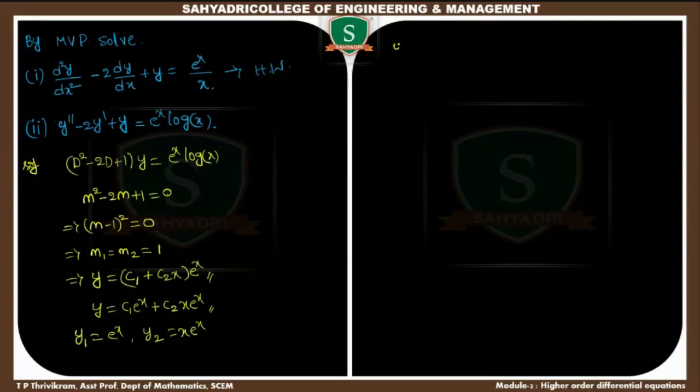Implies y1 dash is equal to how much? E power x only. Similarly, y2 dash is equal to x e power x plus e power x. Apply product rule here, you'll get this much. So what will be Wronskian? W is equal to y1 y2 dash minus y1 dash y2.